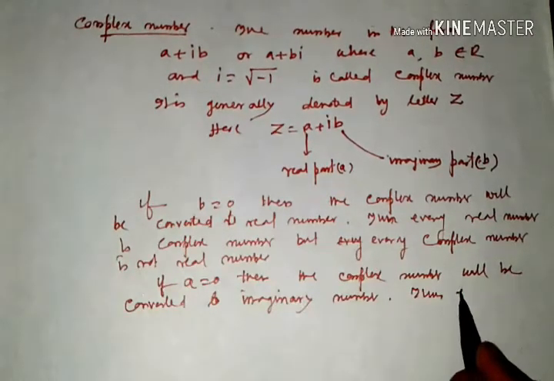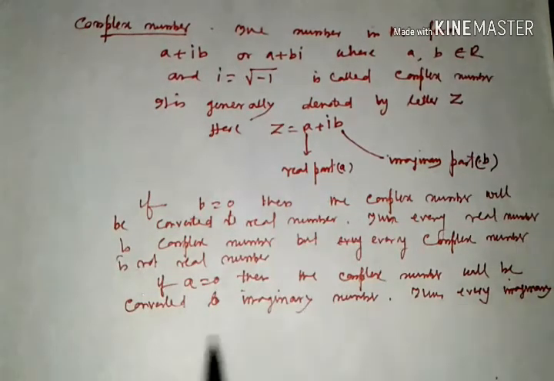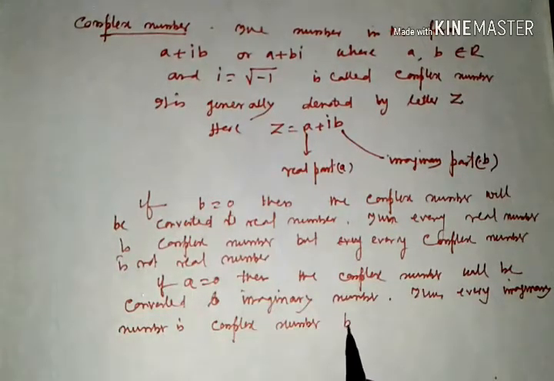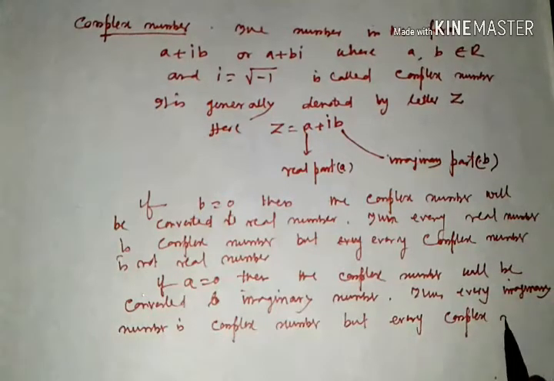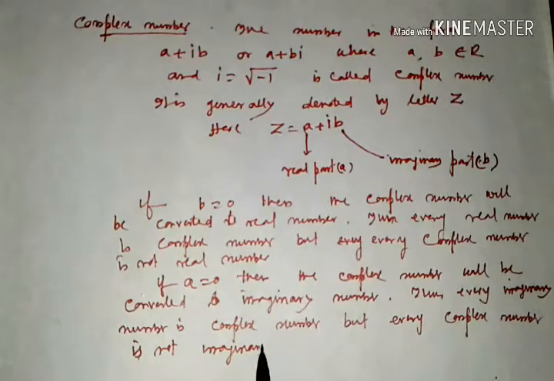Is every imaginary number a complex number? Yes. But every complex number is not an imaginary number. Every imaginary number is a complex number, but every complex number is not an imaginary number.